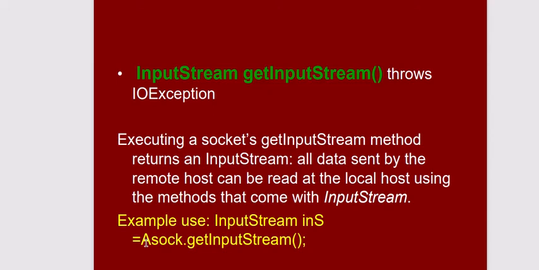ASOC is an instance of the socket class. A couple of slides ago, I showed you how to create an instance of a socket, and I called it ASOC, I think. I might be wrong, but anyway, what ASOC is, it's my name for the result of creating a socket.